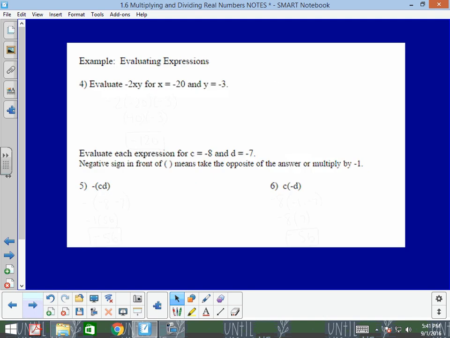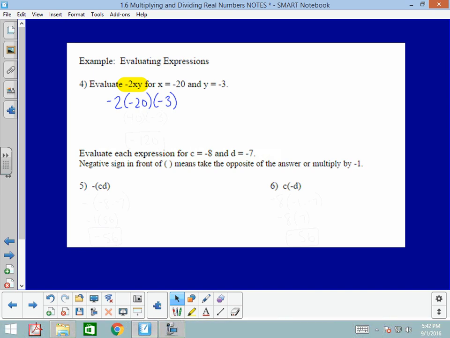Okay, so on this one here, we are evaluating. Just remember that every time you see that you're evaluating and there's a multiplication between the numbers and the variables, or all of them, you need to use parentheses around where your x is and where your y is. So this will be negative 2 parentheses negative 20.